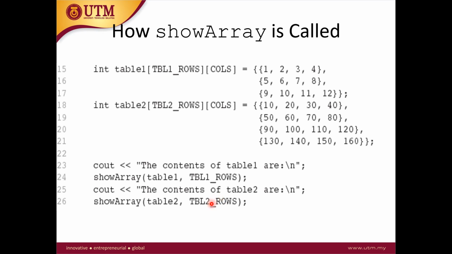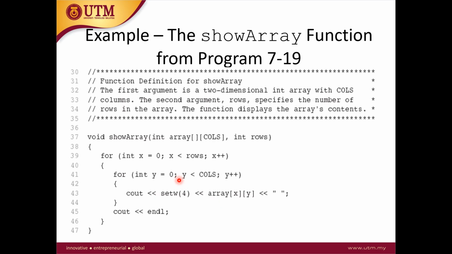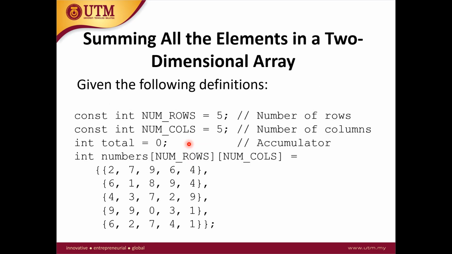But in the function header we need to specify this column size, which we don't have here. We have it in the previous slide. We need to specify the parameter, the array argument, in the header of the function, and how to sum all the elements in a two-dimensional array.